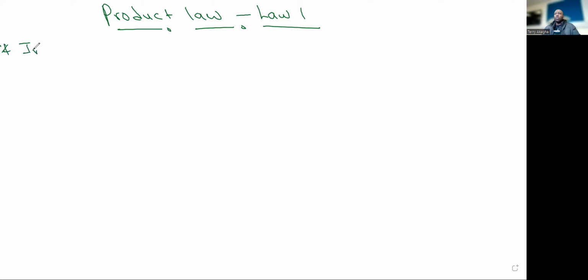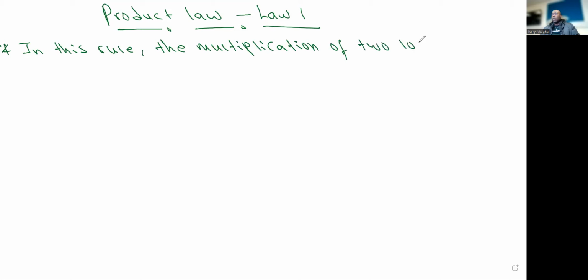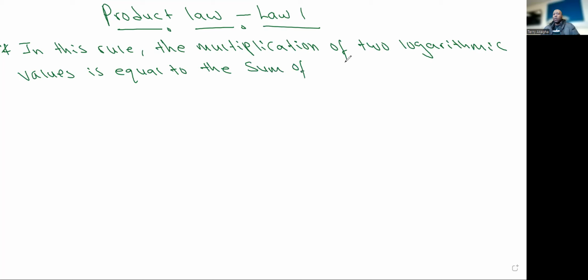So in this rule, the multiplication of two logarithms or two logarithmic values, okay, is equal to the sum of their individual logarithm values.